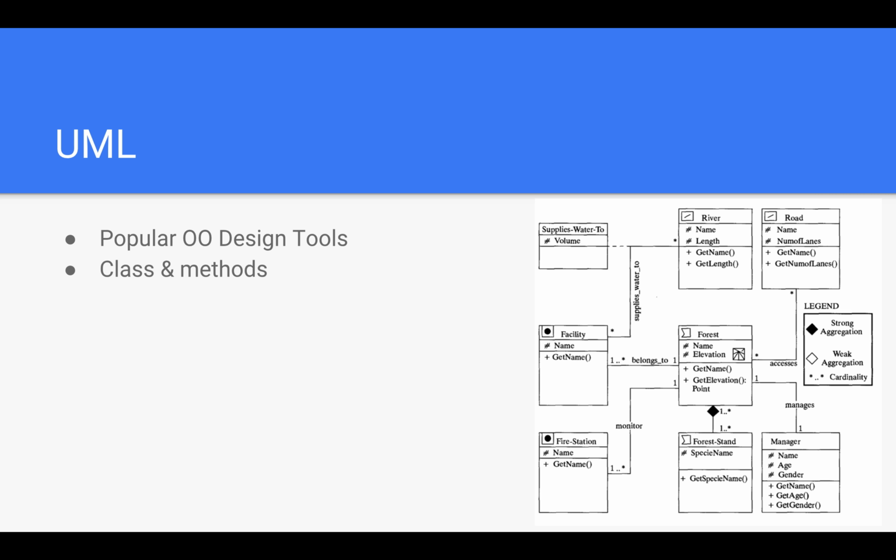Also, UML does not support weak entities, so it means that all objects in UML have a unique ID.